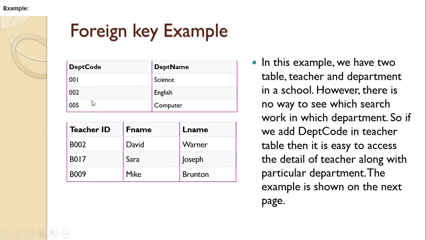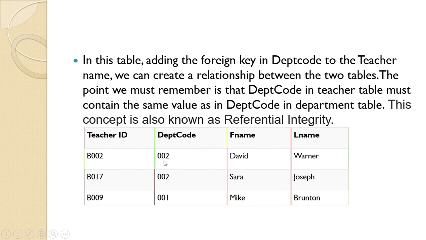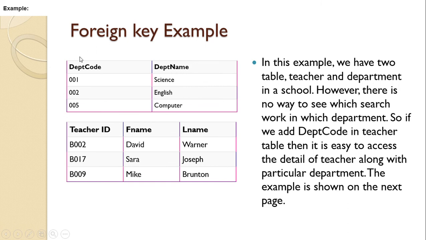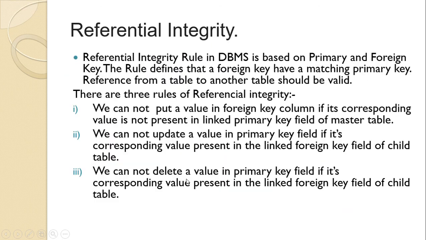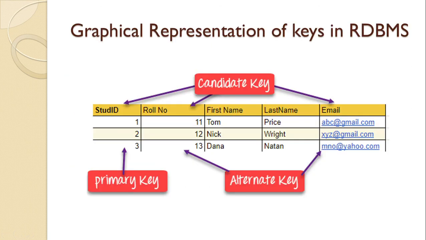Why? Because it is also present in the foreign key column of the teacher table, so we cannot delete it from the primary key, department code, of the department table. These are the three rules of referential integrity.